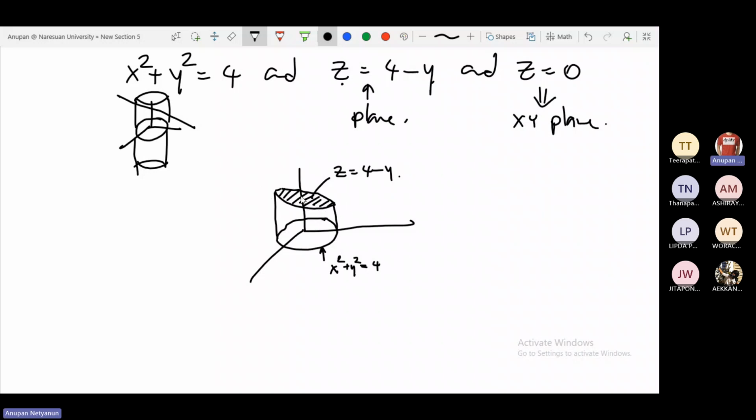So that is the solid object that you need to find. Okay. So from this information, this is your surface or your function for the integration. So V is equal to the double integral over region R of this function of integration, dA.